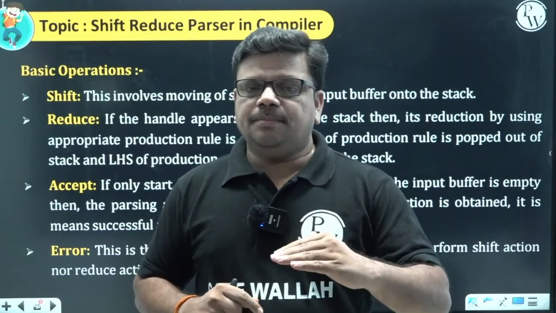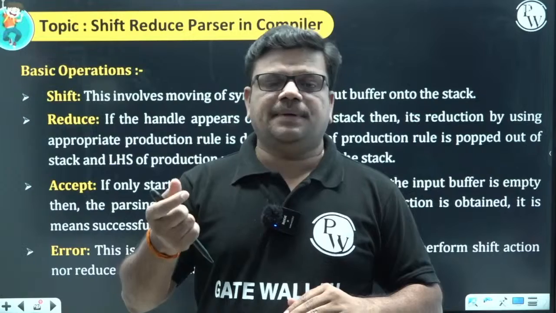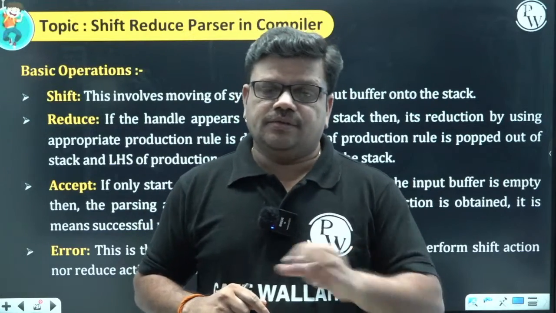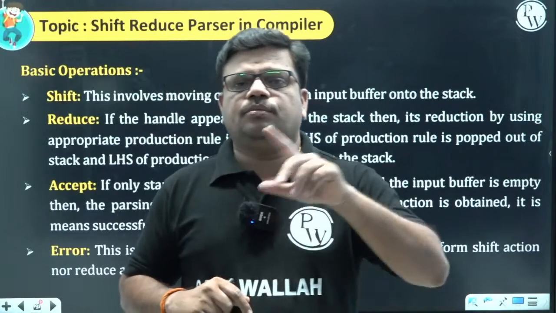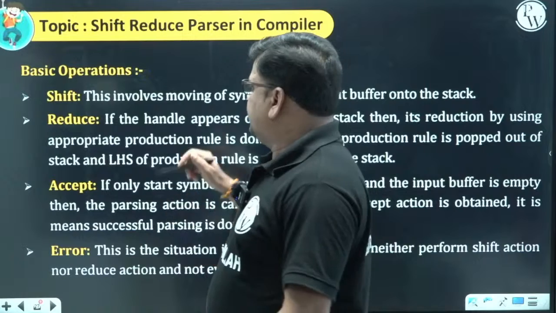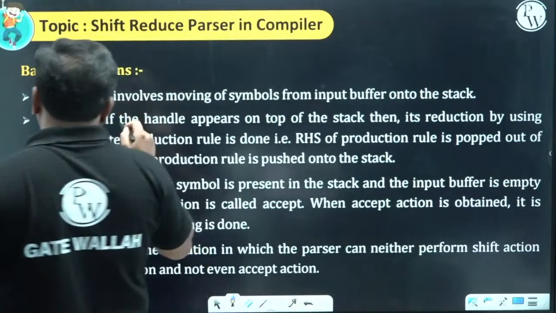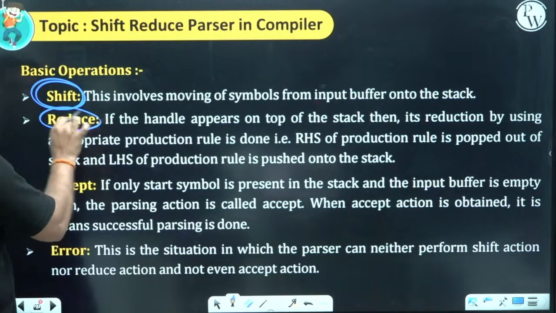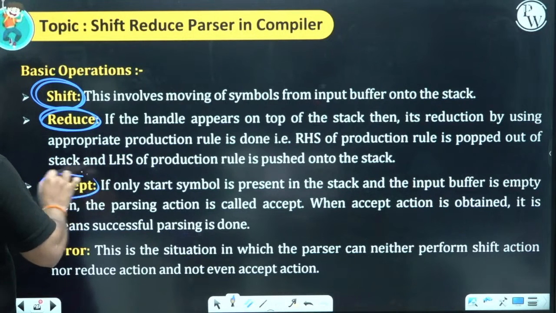At every step, handle is detected, replaced by non-terminal. That is called reduce. So this total concept, if you write it program wise, that program is called shift reduce parsing. The shift reduce parsing has shift actions, reduce actions, accept, error.